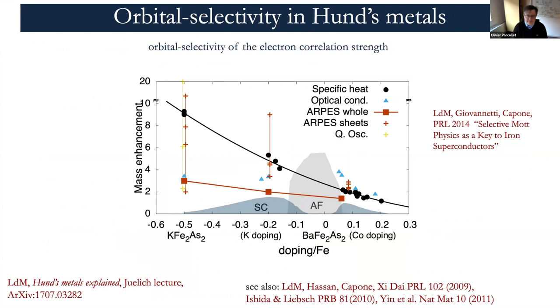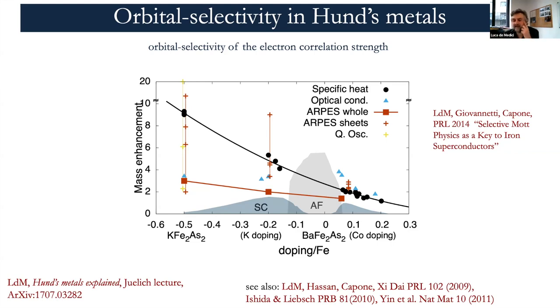5 minutes. I would like to show another aspect of Hund's physics, which we explored recently, and the fact that it became clear by studying models already that in proximity, when the Hund's coupling favors the orbital differentiation of correlation strengths, meaning that electrons, depending on their orbital character in the conduction bands, can show different degrees of mass enhancement or inverse quasi-particle weight.